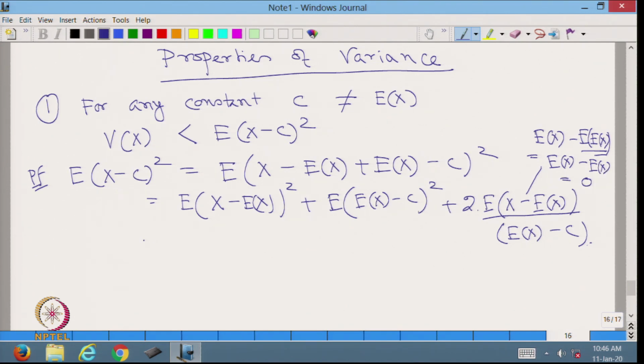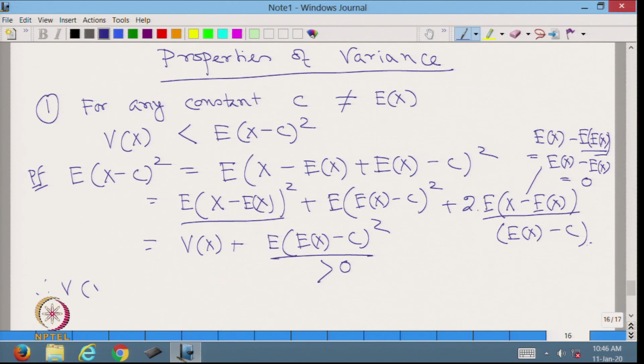Therefore, what we are getting is variance of x plus this term, which is a positive quantity, greater than 0. Therefore, variance of x is less than expected value of x minus c whole square.